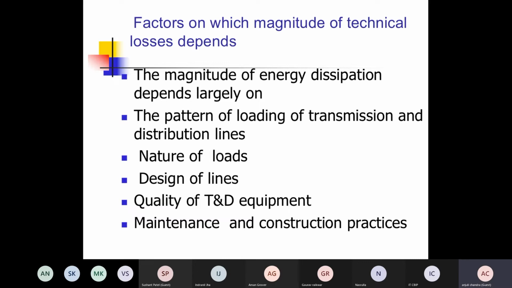What do I mean by nature of loads? When loads are different, will the loading be different? Can anybody tell me? Nature of load means is it inductive, capacitive or resistive.